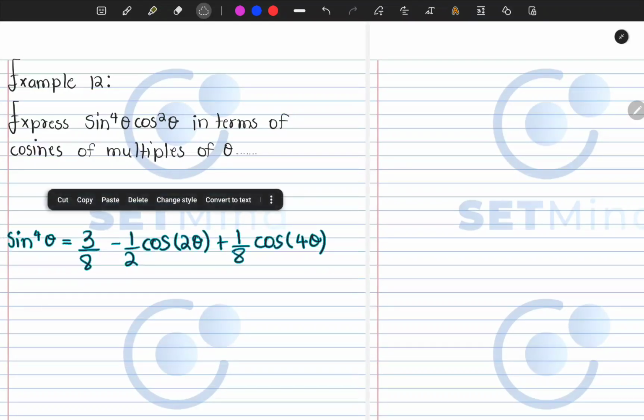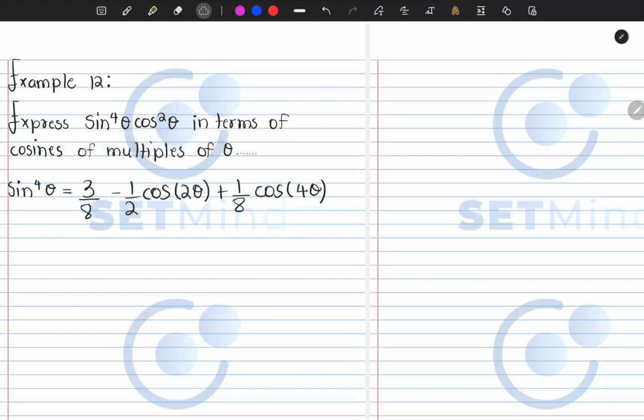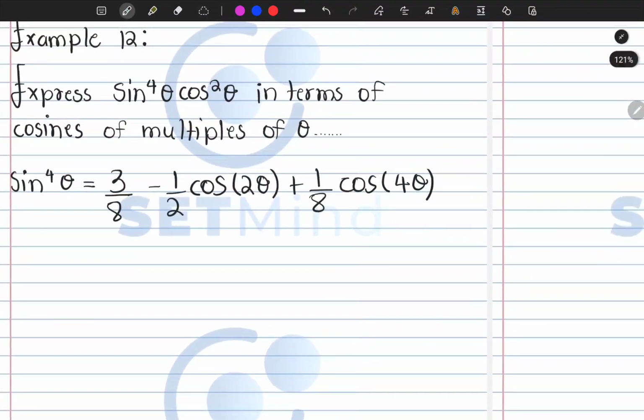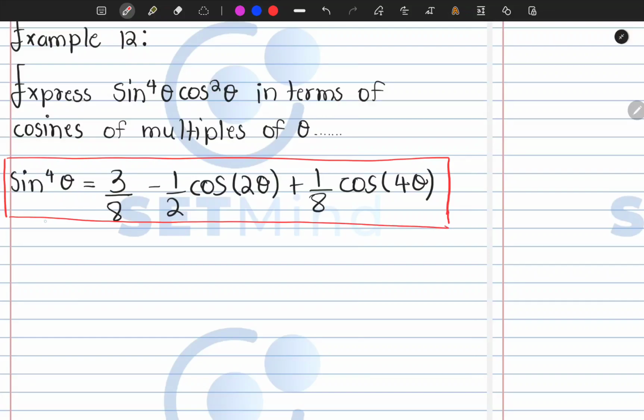So already the sine theta to the power of 4, in a previous working, we did work it out and we found it to be this here. So what I suggest, in case you are confused, is that you rewind the video to see how we obtained that.